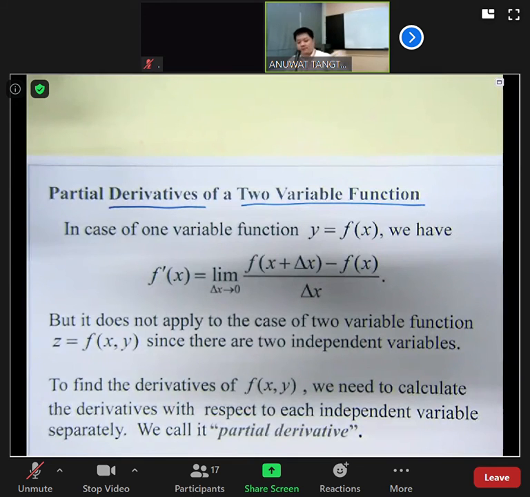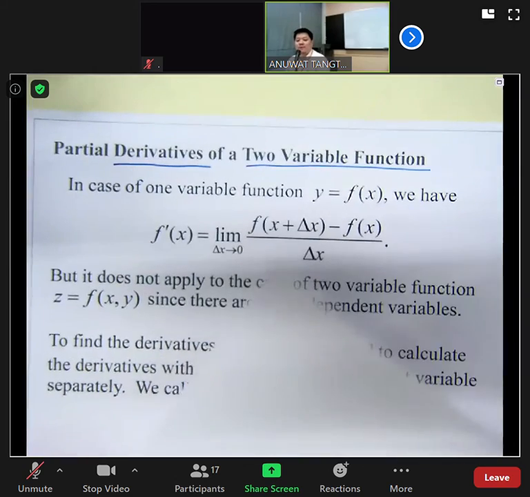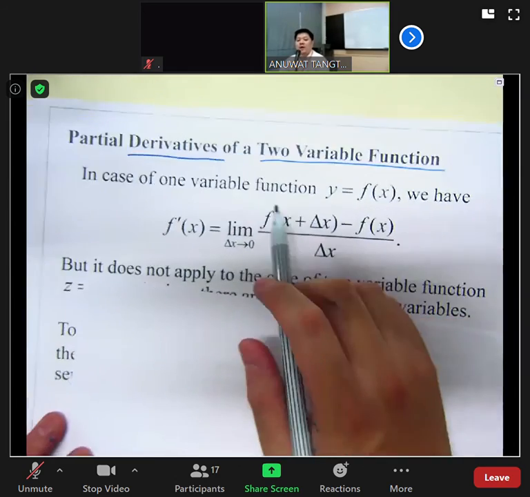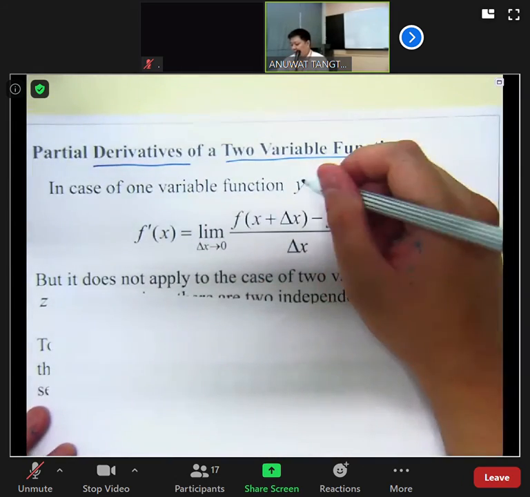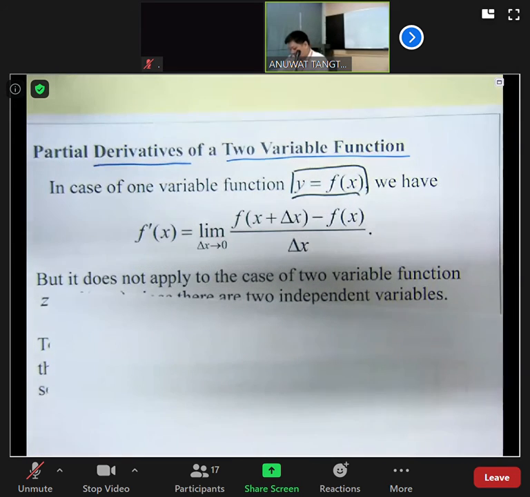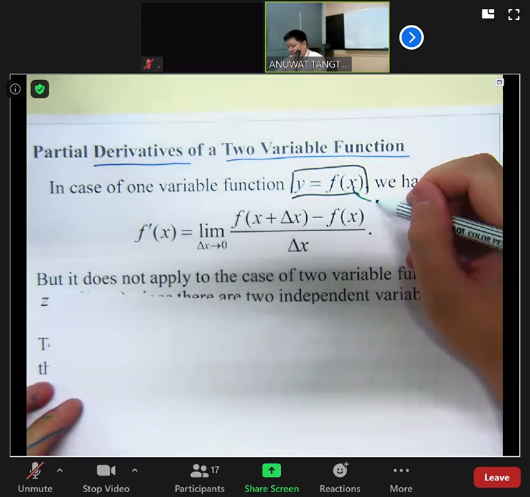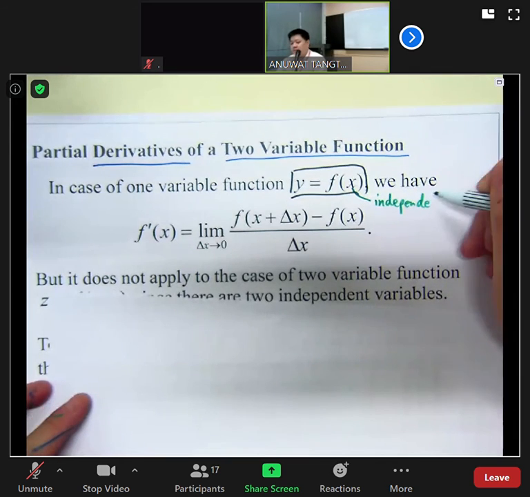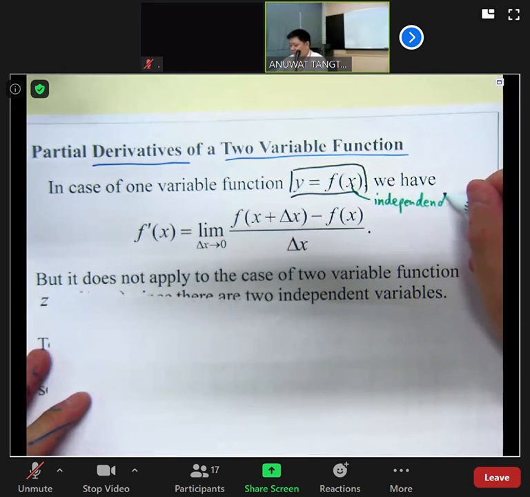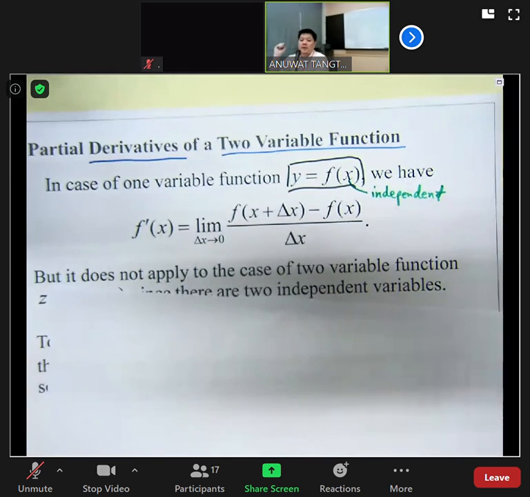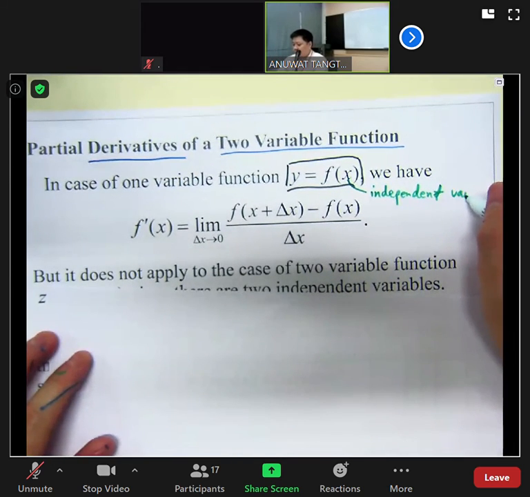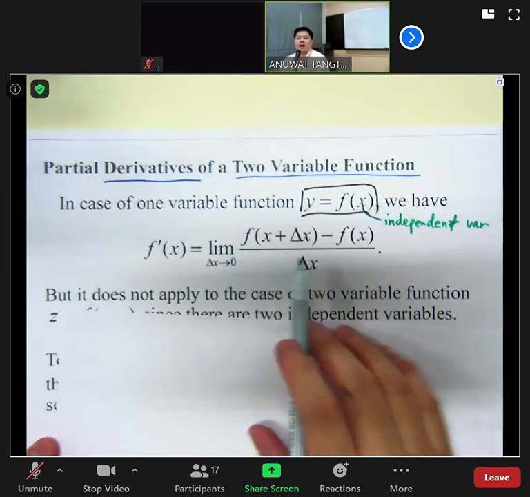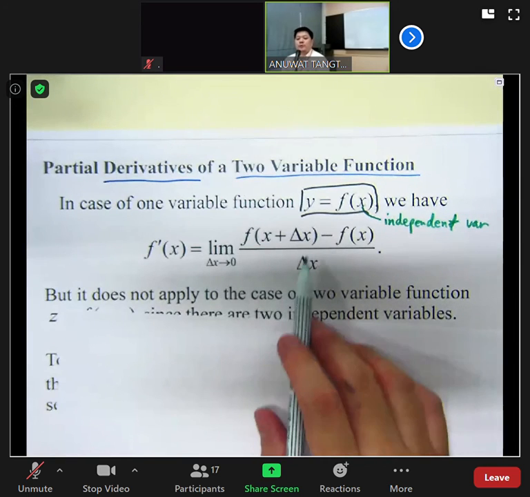Think of what is meant by the derivative of a one variable function. If you can remember, when we have a function of one variable, the only independent variable would be x. And what is the meaning of derivative? It comes from the concept of the ratio.